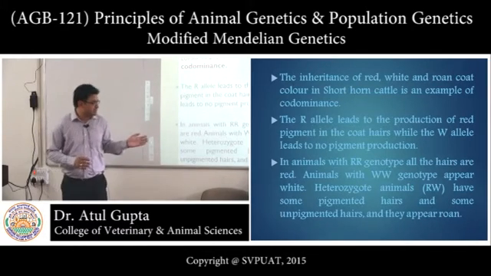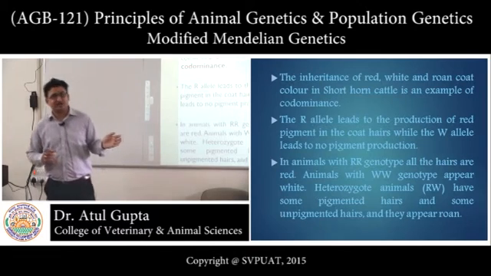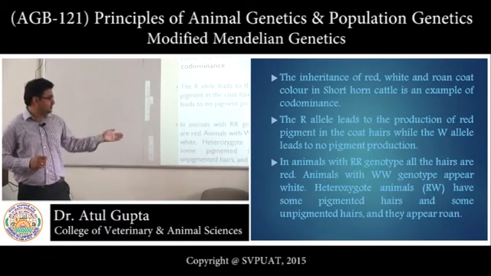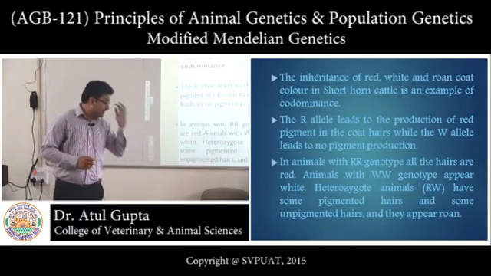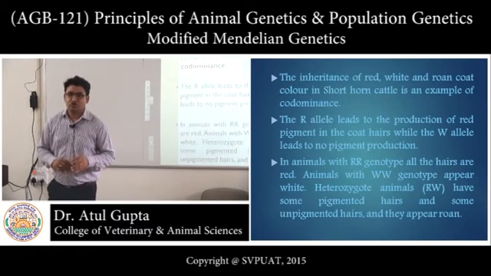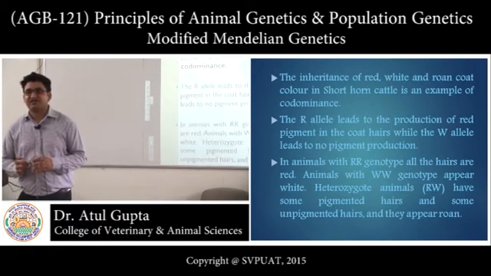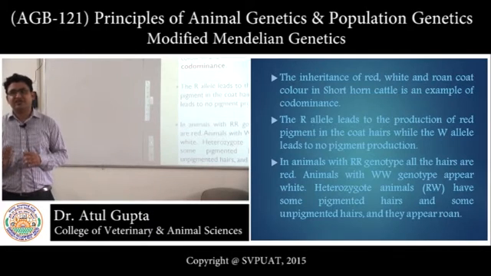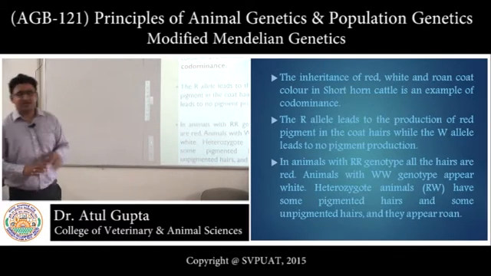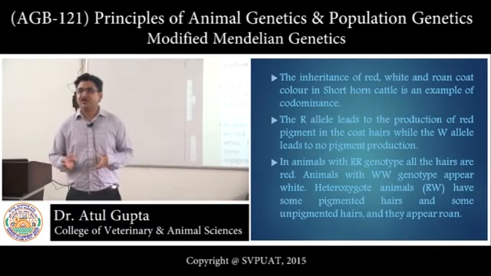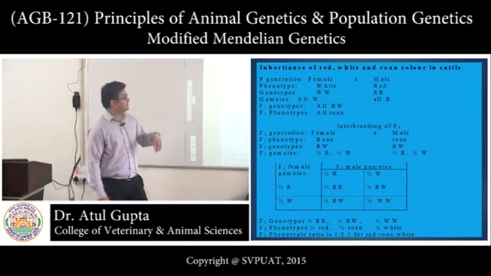In heterozygous animals, that is RW, these pigmented hairs and non-pigmented hairs will appear together. So that will give an appearance of roan color. Means white and red pigmented hairs will be there, but the phenotypic expression, the appearance, will be roan. The same thing is discussed here.